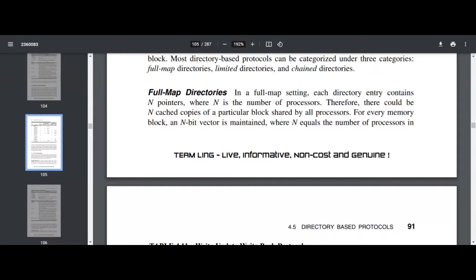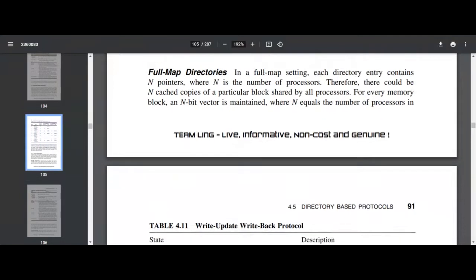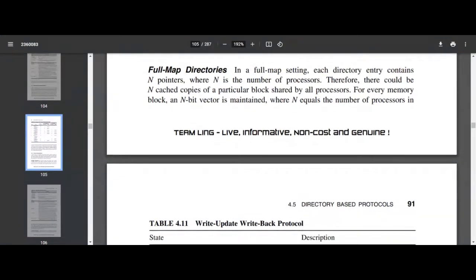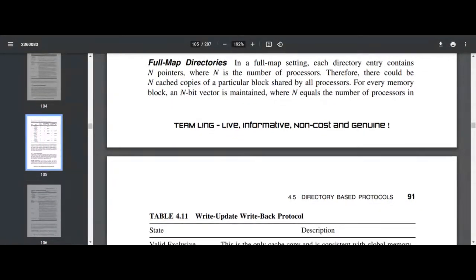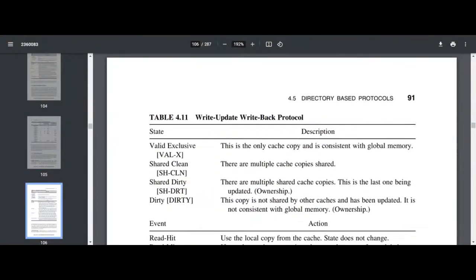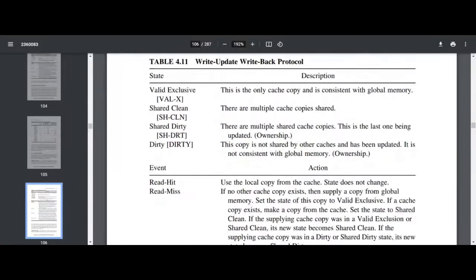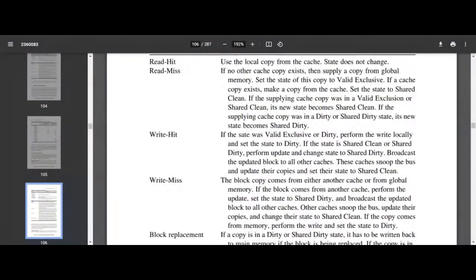Therefore, there could be n cache copies of a particular block shared by all processors. For every memory block, an n-bit vector is maintained. So when we select a block in a full map directory, we actually choose a vector to maintain, and that vector accesses the memory with the help of the pointers. So this is how the write update and write back protocol should work here.